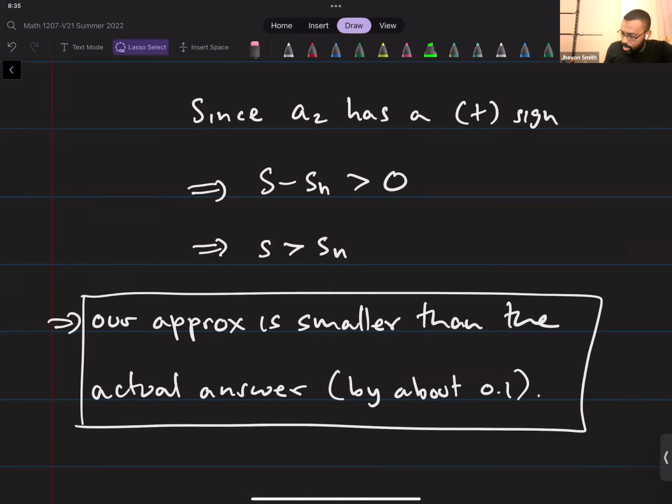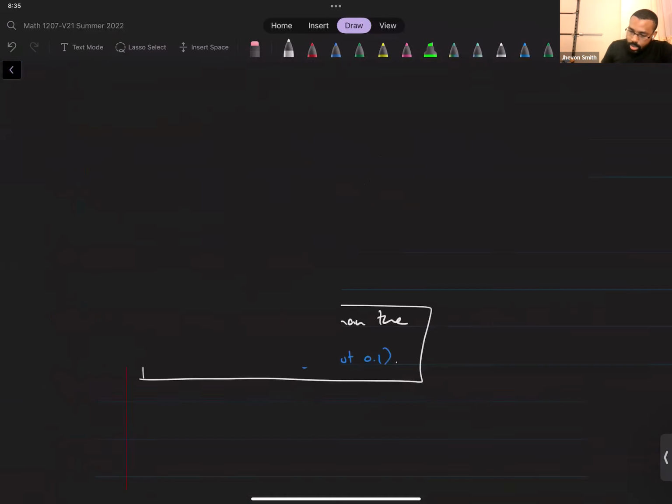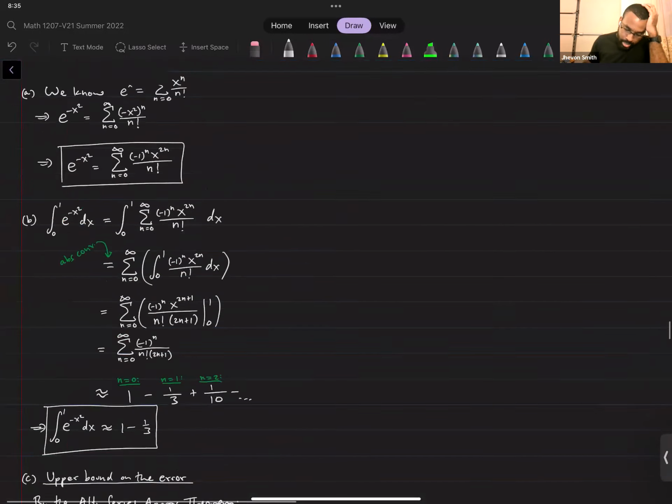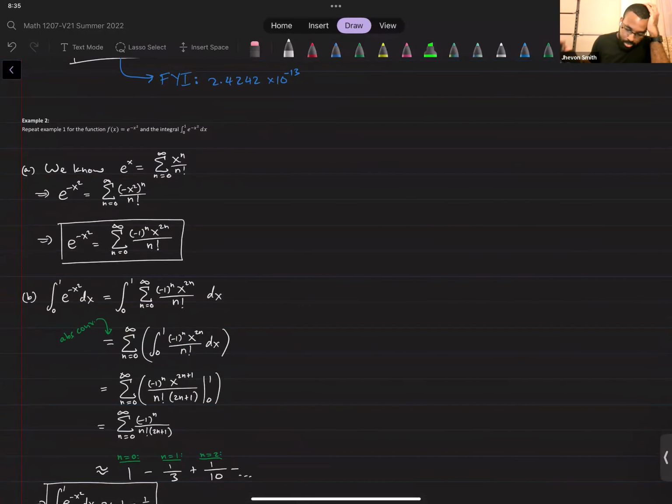Doing this on a test, I wouldn't necessarily require that you point that out, but that could be an additional question that I could ask that I would expect you to know how to answer. So a problem like this is potentially a 4-step problem.